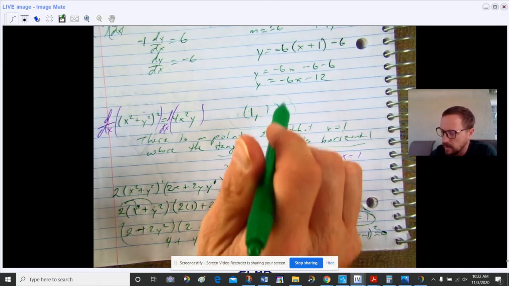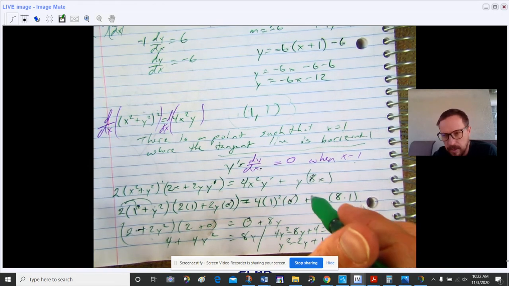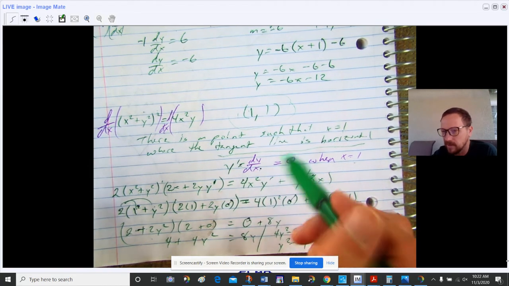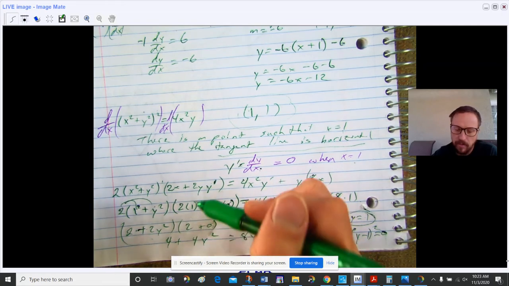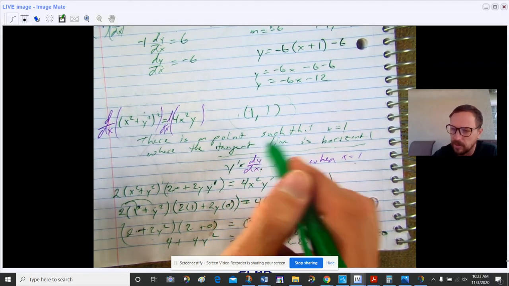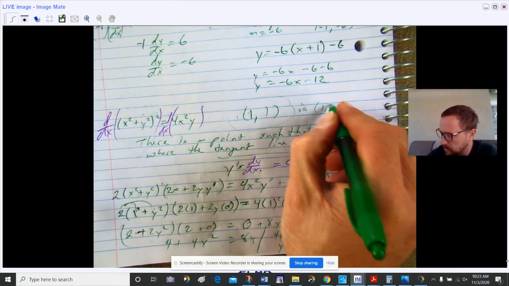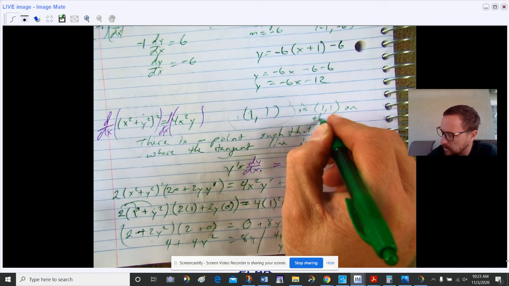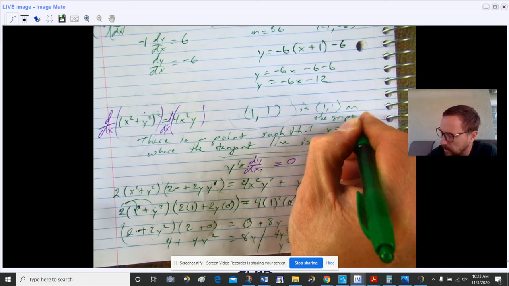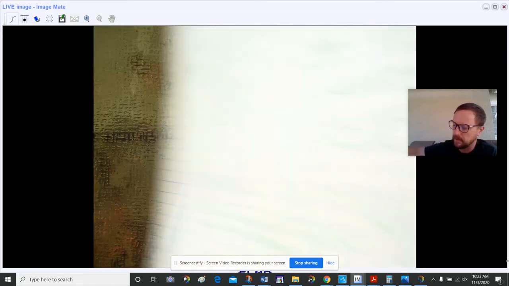All we know is that 1, 1, when plugged into the derivative, makes the derivative be 0. But we don't know if 1, 1 is actually a point on the curve, or the derivative even matters. So what we have to do is check to see, is 1, 1 on the graph? And how can we figure that out? We substitute it into here and see what happens.